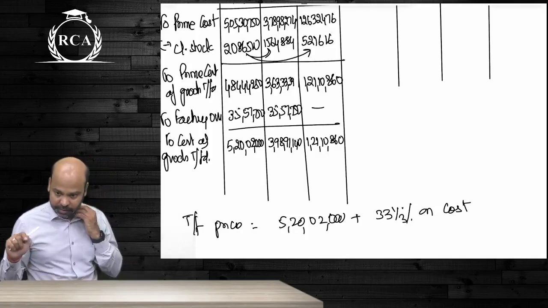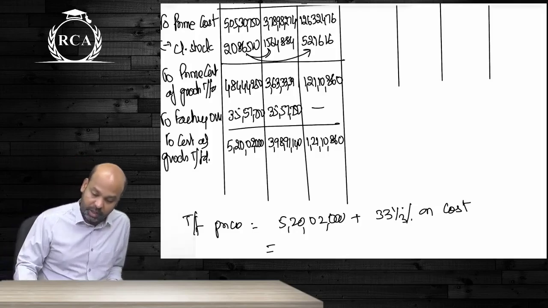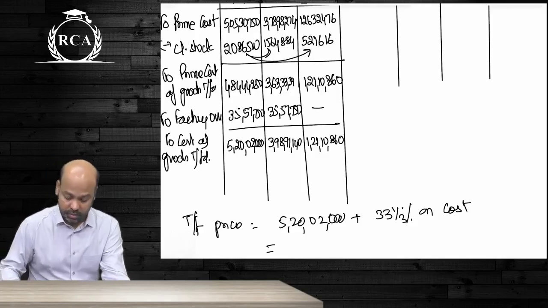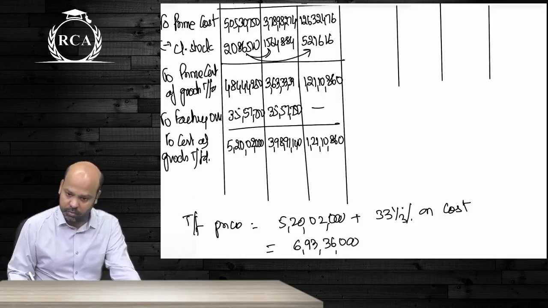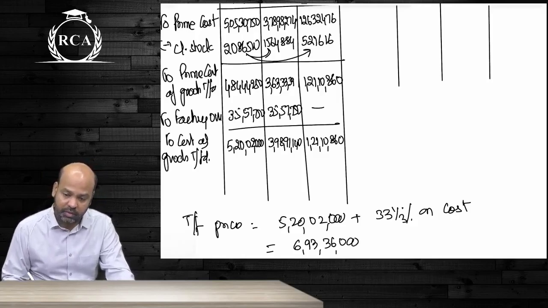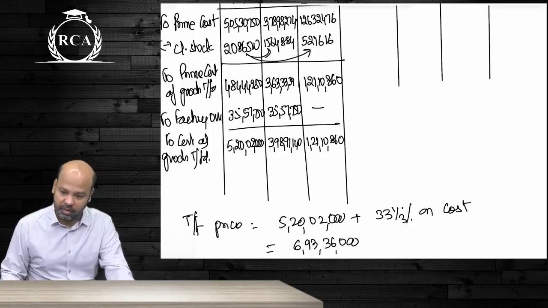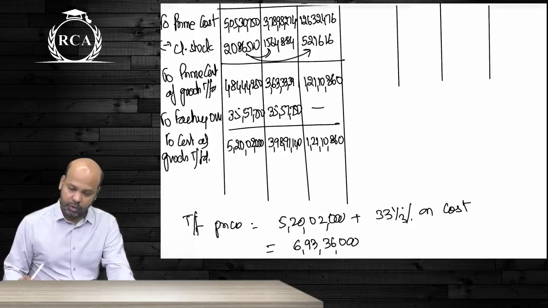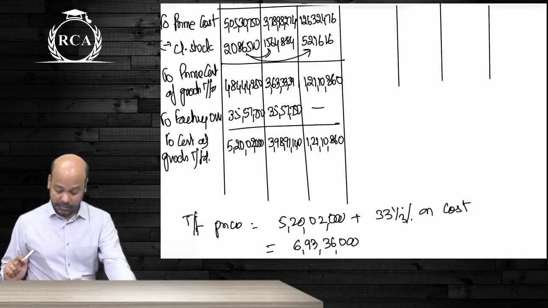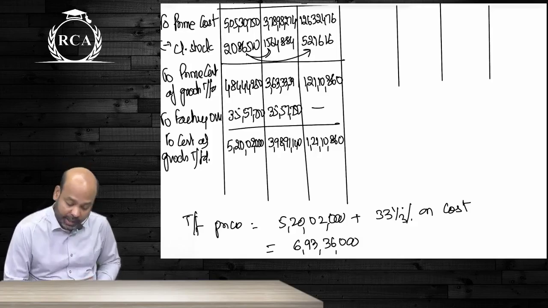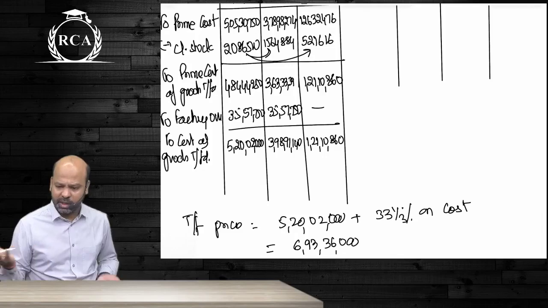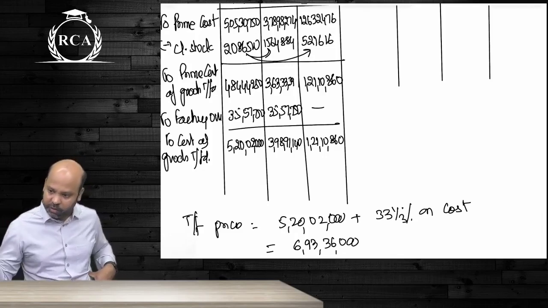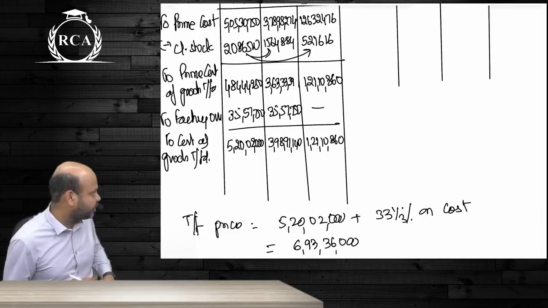So divide by 3 and add, or multiply by 33.333333% fully. 6 crores 93 lakhs 36,000 will be the amount, beta. It doesn't come to 35,000, so they must have taken 33.33% only. Divide by 3, then 5 crore 20 lakhs 2,000 divided by 3 and add 5 crore 20 lakhs 2,000. When it is 33 1/3%, the best is divide, since 33 1/3 means 1/3 part. So divide by 3, you will get most accurate answer instead of writing into 33.333%.